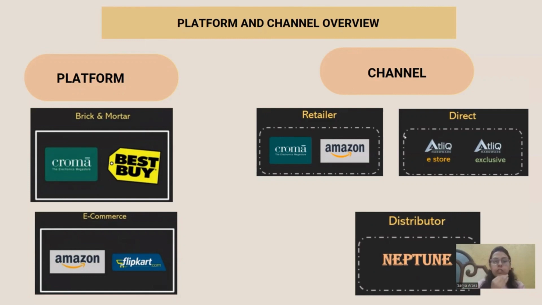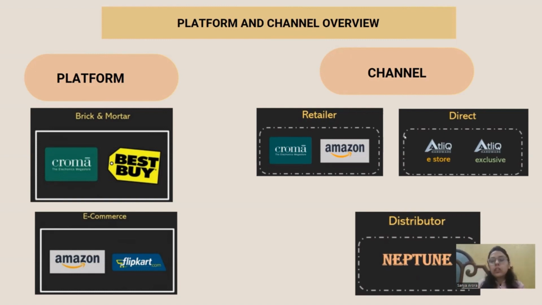For brick and mortar, we can see examples like Chroma, Best Buy. These are the physical stores where we go and purchase the gadgets, so they come under the category of brick and mortar. Next we have e-commerce, which we all know are the online platforms, for example Flipkart, Amazon, where we can do online shopping. It's the online portal, the way we do normal shopping.